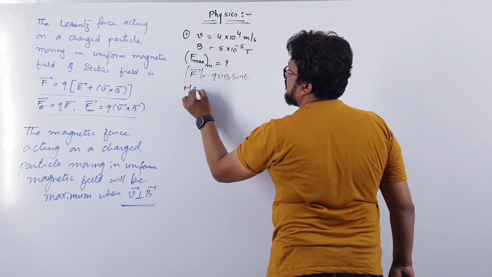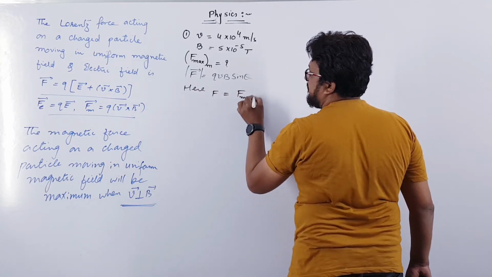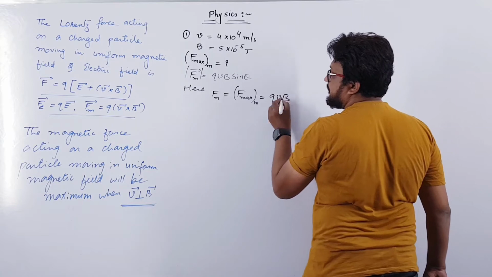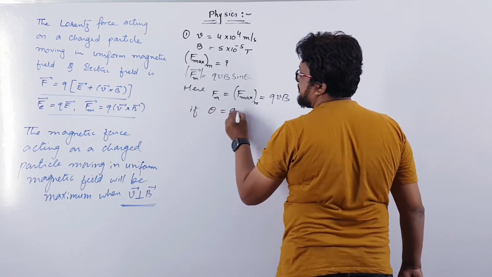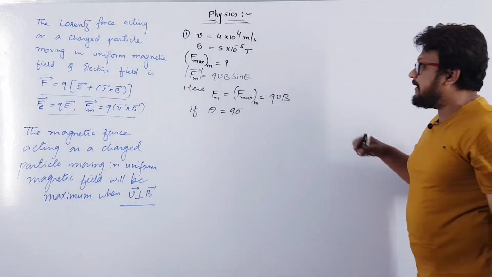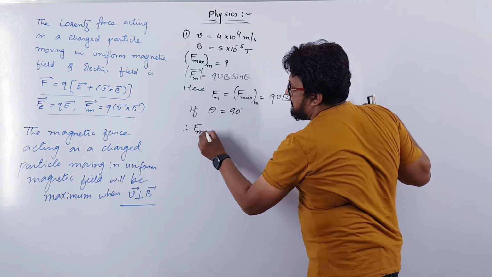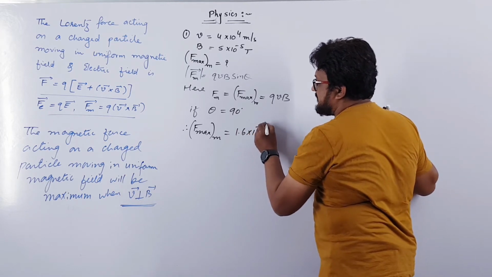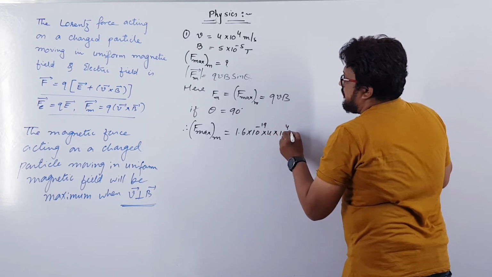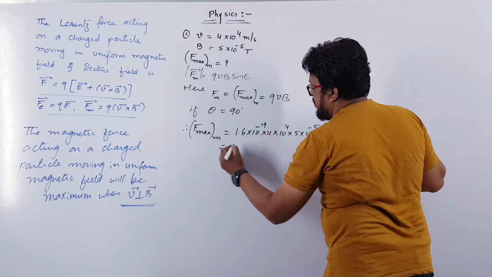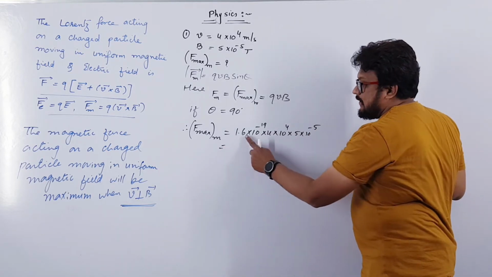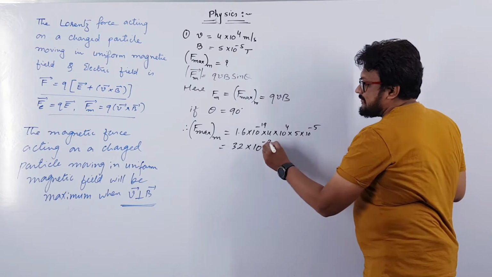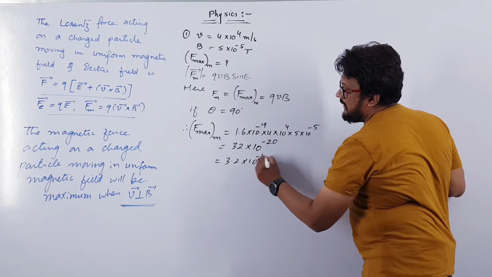So F maximum is equal to QVB if theta is 90 degrees, that is, V is perpendicular to B. Therefore F maximum will be 1.6 into 10 to the power minus 19 into 4 into 10 to the power 4 into 5 into 10 to the power minus 5. 5 4s are 20, 20 into 1.6 is 32, so 32 into 10 to the power minus 20, or you can write 3.2 into 10 to the power minus 19 Newton.